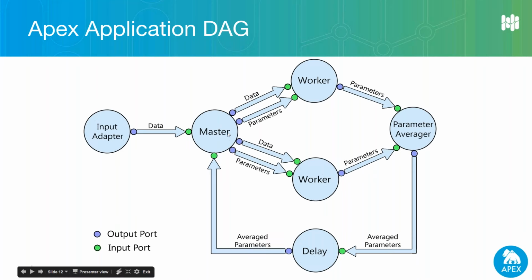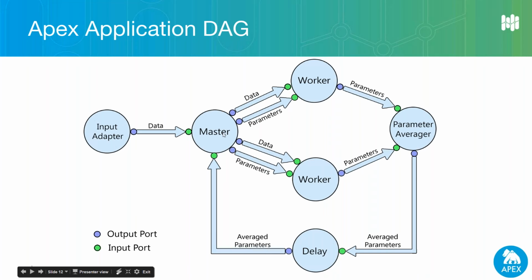The next thing we call the master operator. There are two things it does. To start with, it generates a model using default parameters, and forwards that default-parameter model to all the workers available in your application.